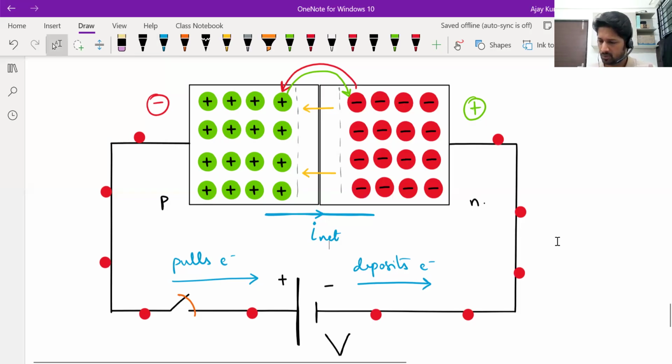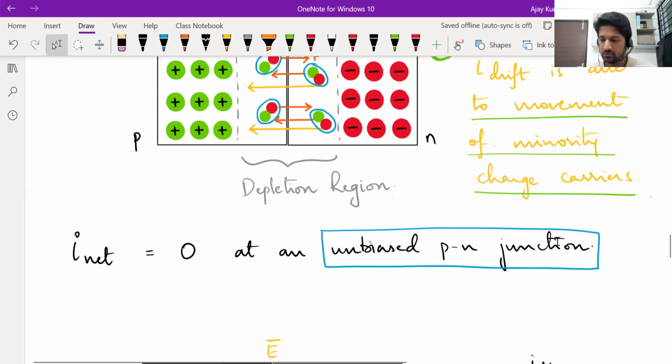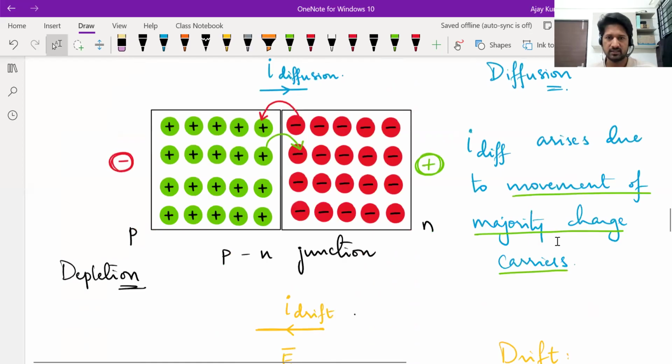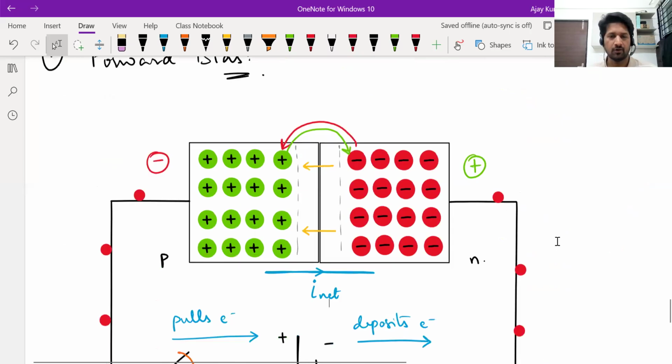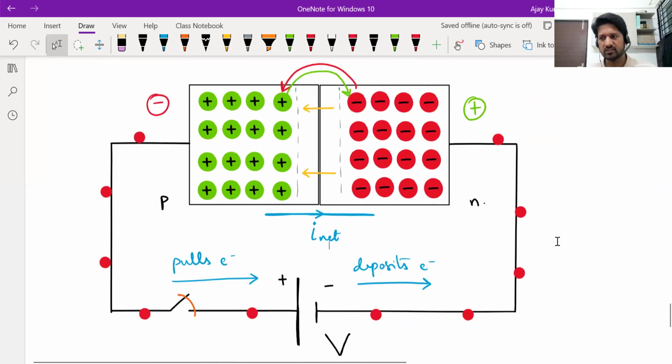Now comes the important point. Diffusion happens due to movement of majority charge carriers. So there are many charge carriers which participate in this process. Therefore, the current that you see under forward bias, which favors the diffusion process, will be a significant current because there are many charge carriers to participate in the diffusion process.